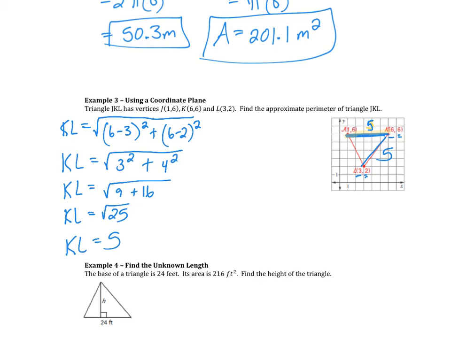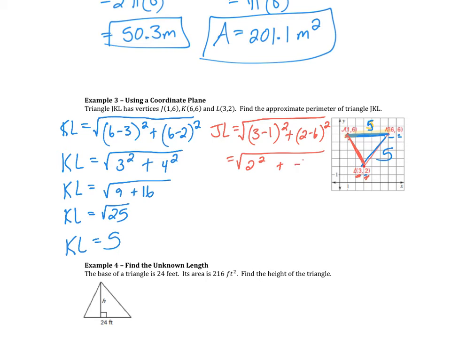Now we got to find JL. JL is right here. So again, we do distance formula. Take the x's, 3 and 1. So 3 minus 1 squared. Plus, now take your y's, 2 and 6. 2 minus 6 squared. So 3 minus 1 is 2, so it's 2 squared.